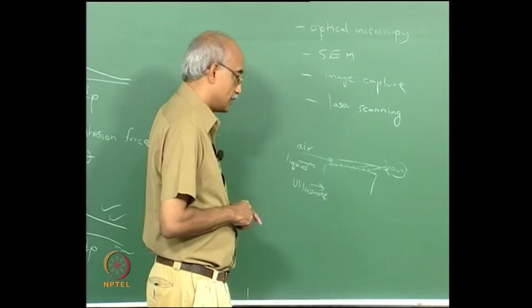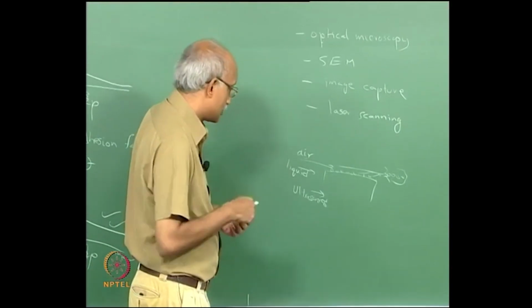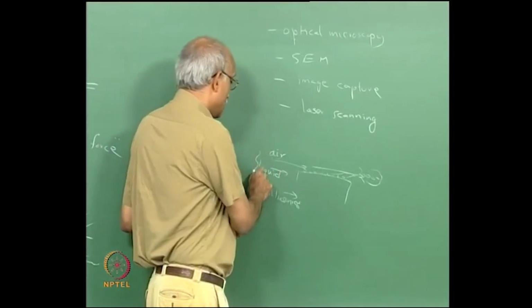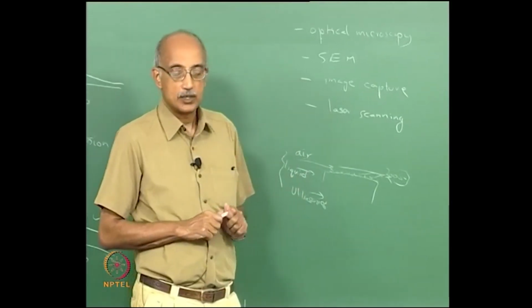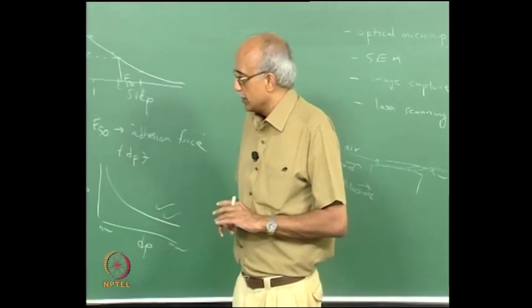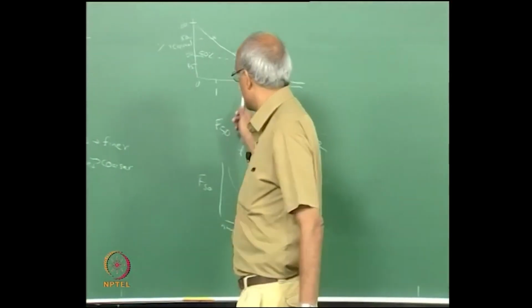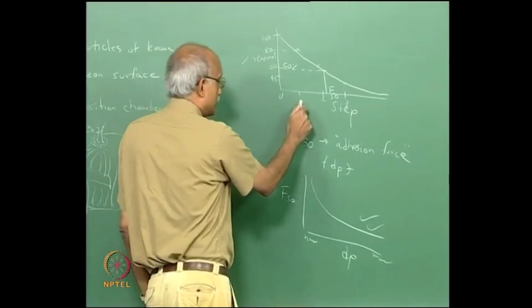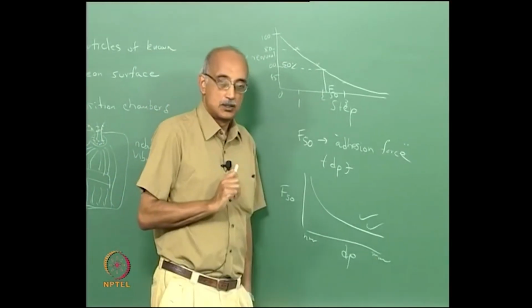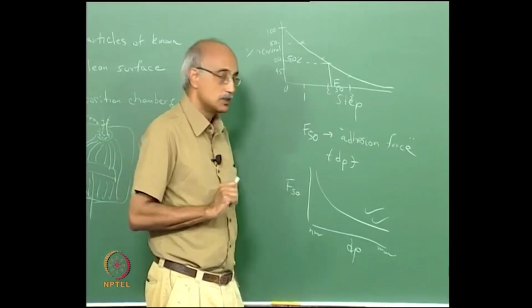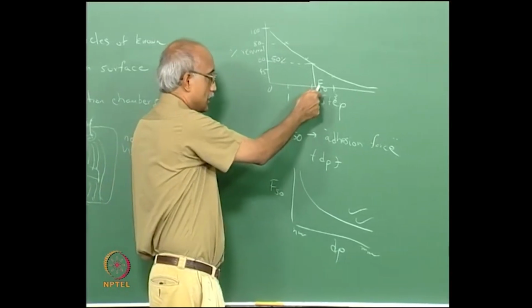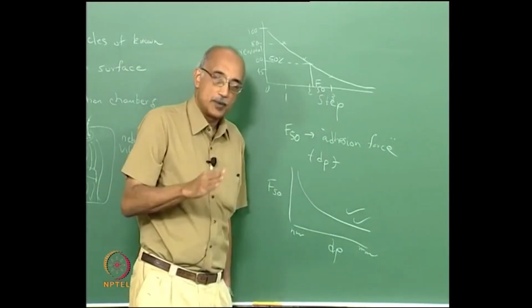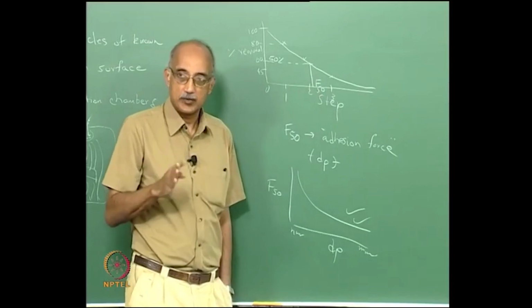Now, one of the things that is obviously central to our discussion is the removal force itself, because going back to this curve where we have plotted the percent removal as a function of removal force, you can imagine that depending on how you apply the force, the results may be very different.